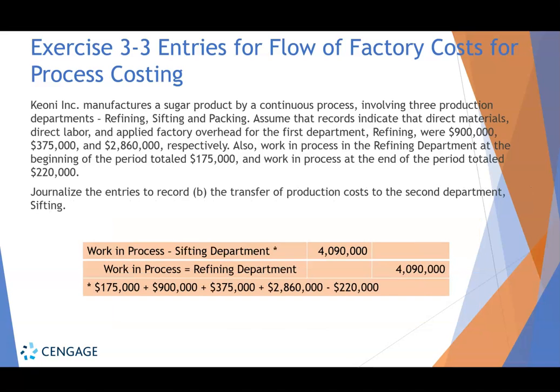Then to transfer it to the next department, we're going to debit the work in process sifting department, and we credit the work in process refining department. So we'll add all the costs, the $175,000 plus the $900,000 plus the $375,000 plus the $2,860,000. Now remember, we started the period with $175,000. That's why when we transferred out, we have to also include that.